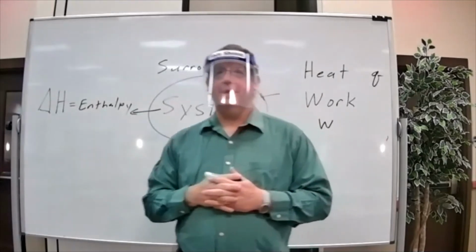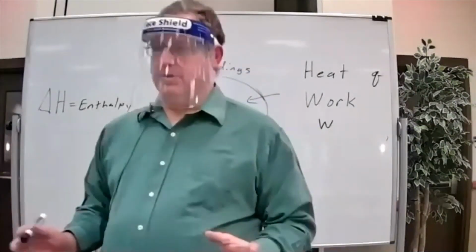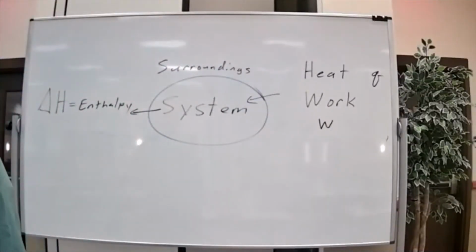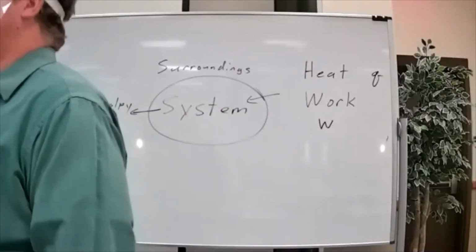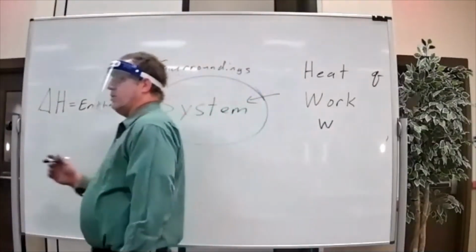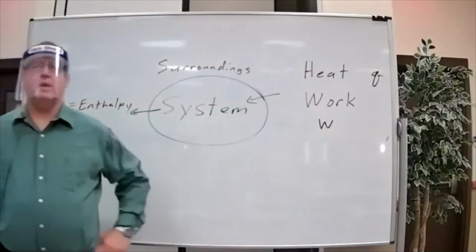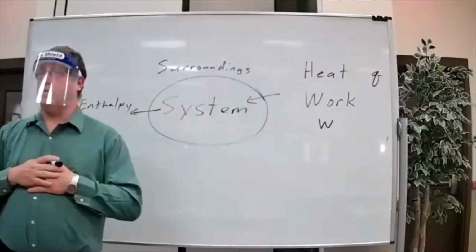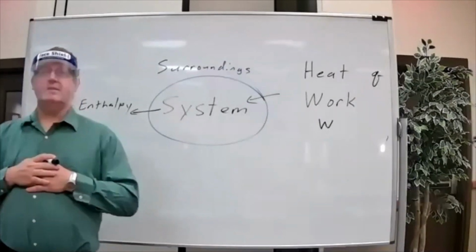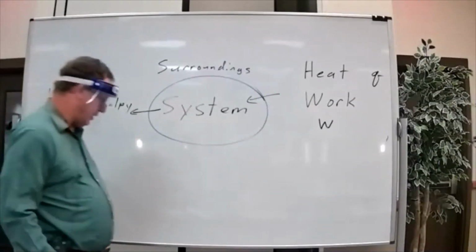Now, in order to be able to work with this, we need to understand a few things. First of all, which direction does heat flow? Hotter to colder, right? Second thing, how do we measure heat?